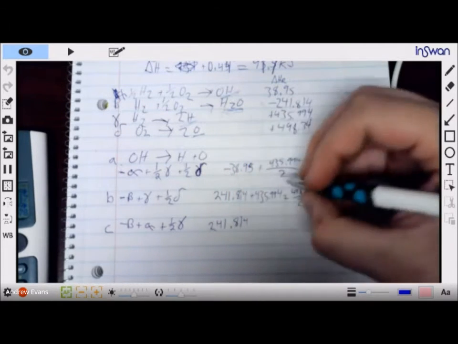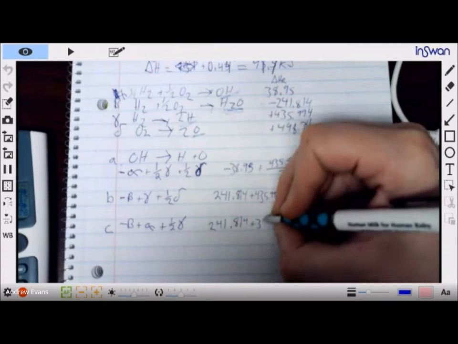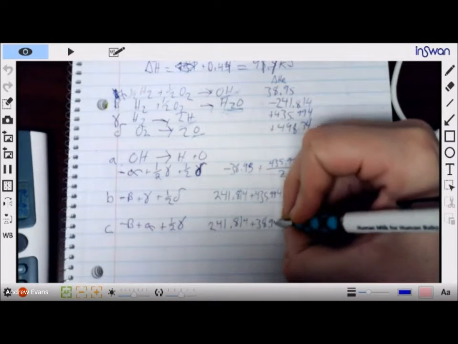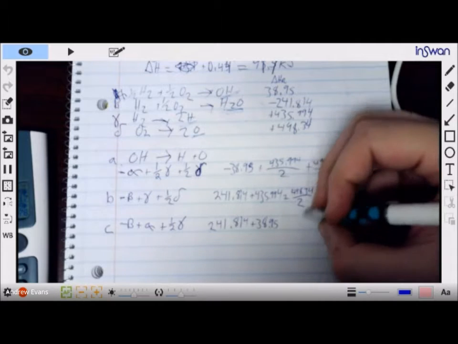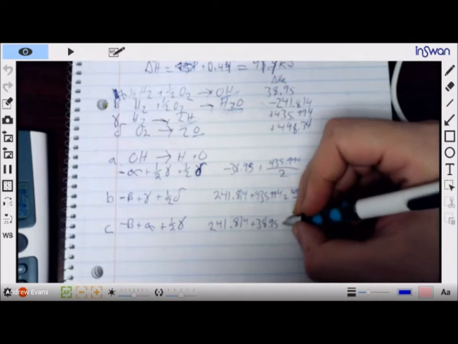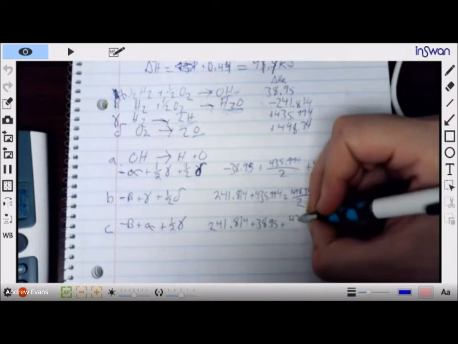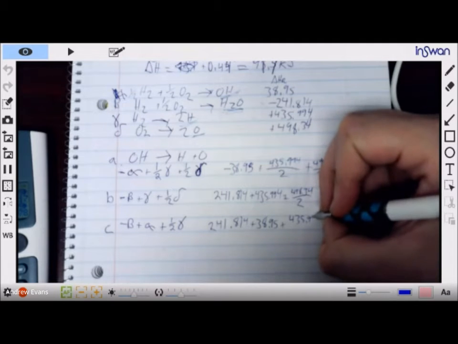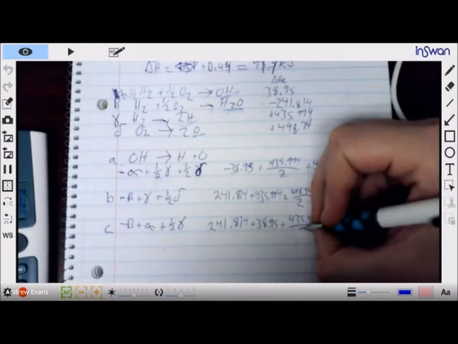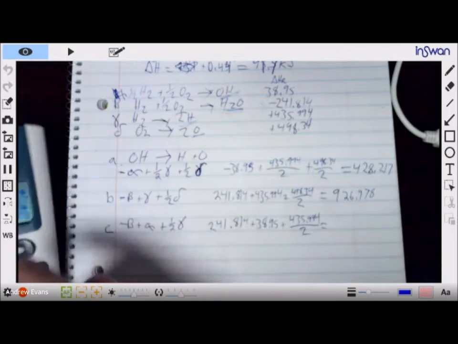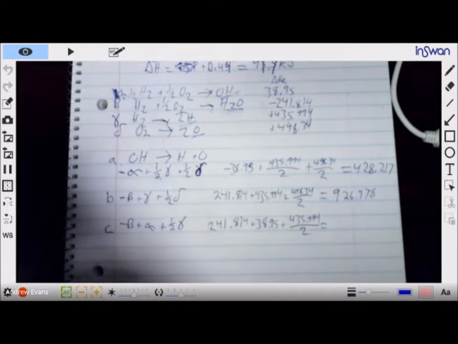So you'd have 241.814, positive 38.95, and 435.994 divided by 2. 241.814 plus 38.95 plus 435.994 divided by 2.